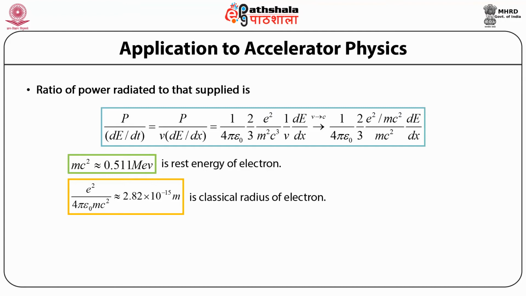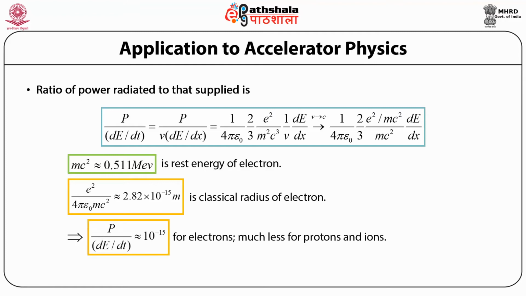The typical energy gains dE/dx are of the order of 10 MeV per meter. Thus, P/(dE/dt) is approximately 10^-15. Radiation losses in linear accelerators are completely negligible even for electrons, not to talk of heavier particles like protons and nuclei. The energy loss due to radiation is no issue for linear accelerators.